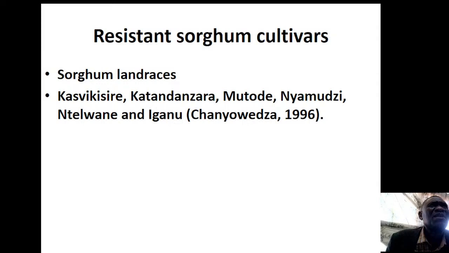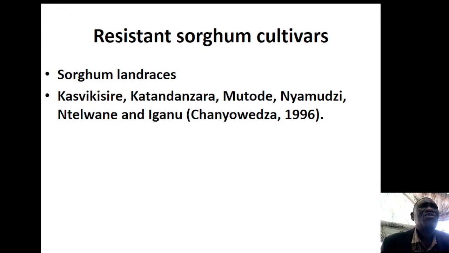There are also some sorghum land races like Ashigisire, Katandanzara, Mutode, Nyamudzi, Terwane, and Igan, which could be tolerant or resistant, as reported by Chanyowedza 1996.